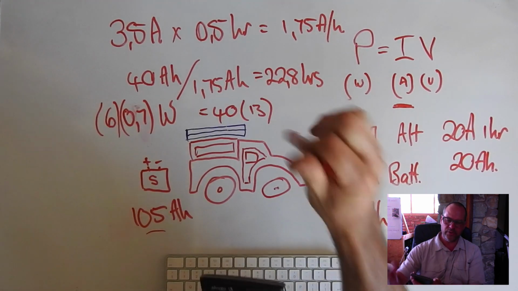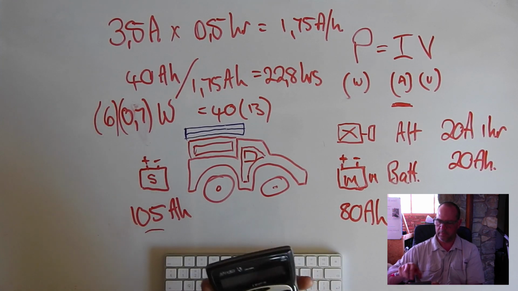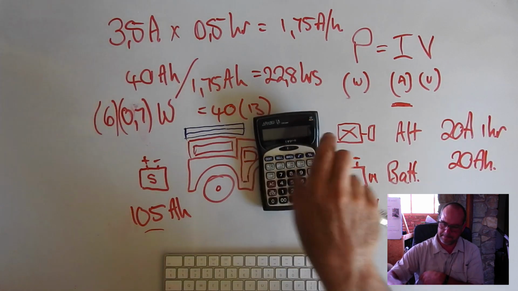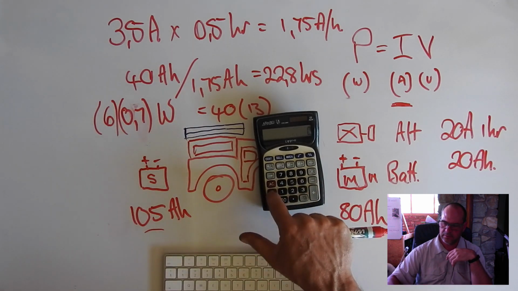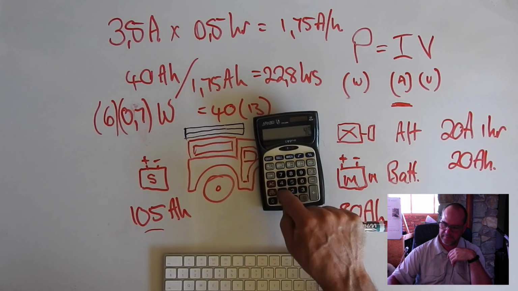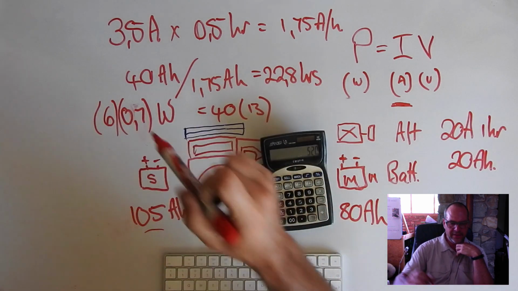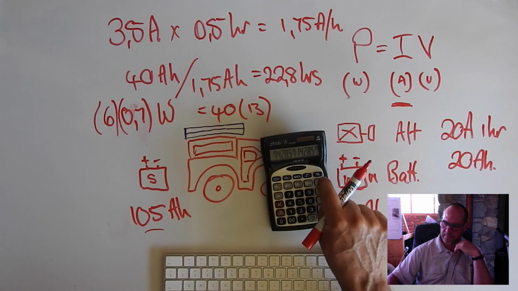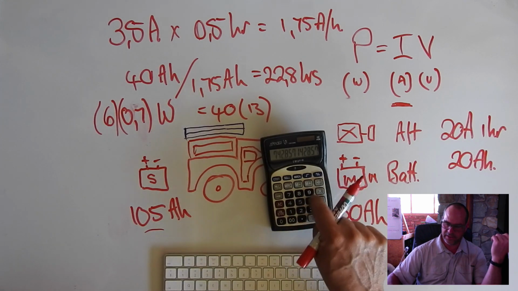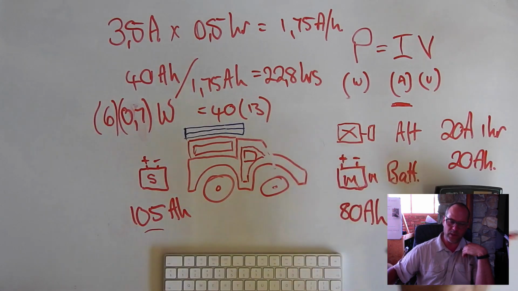So 40 times 13. Let me do this. So 40 times 13 is not that much. It's 520, and divide that by 0.7, which is your efficiency, divided by the hours, means you need a 123 watt panel.